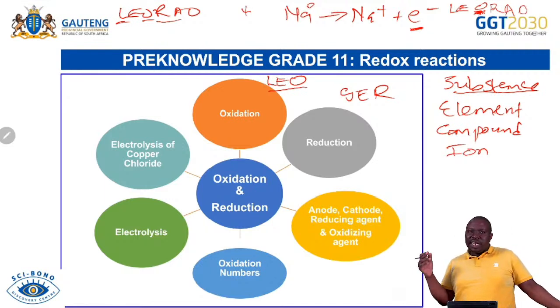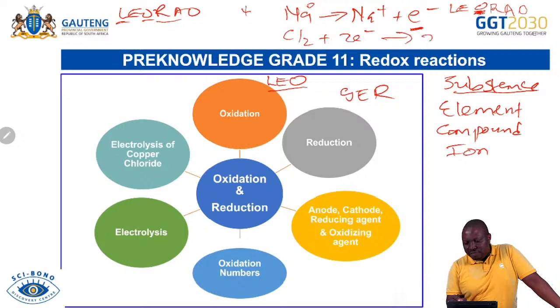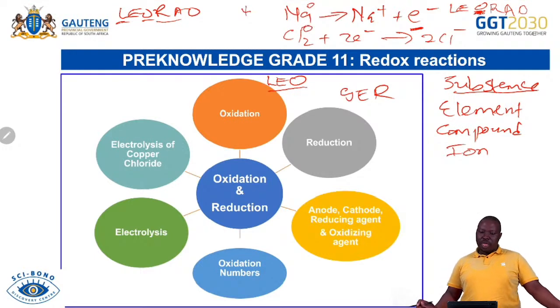Now, when a substance gains electrons, I gave you an example of chlorine, where we said, okay, if we have Cl2 that gains 2 electrons, and then that will give us 2Cl minus. So you can see, when we start here, the chlorine has nothing, so the oxidation number was 0. But because it's gaining electrons, it becomes minus. So what do we refer to this as?